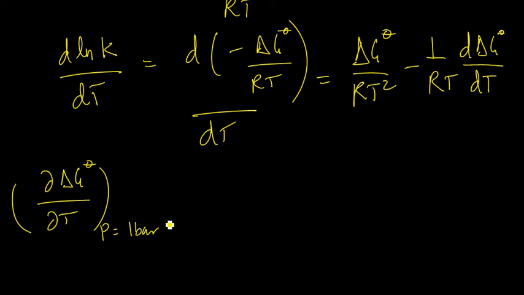So we go back to the fundamental thermodynamic equations, and dG is equal to plus V dP minus S dT. So for the initial state I'll get minus S initial, for the final state I'll get minus S final, and taking a delta, I'll get minus delta S for the standard state, which is also a function of temperature.